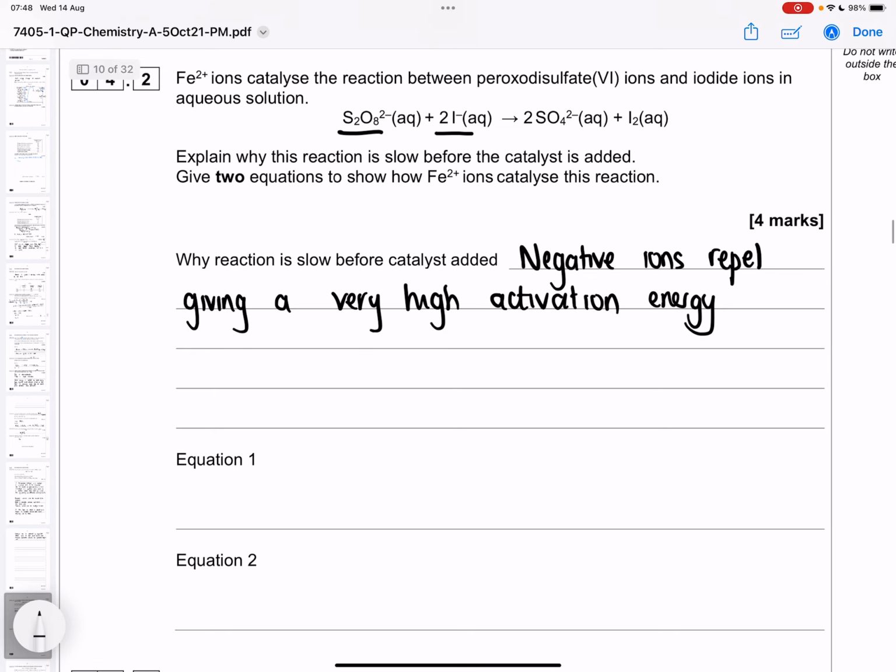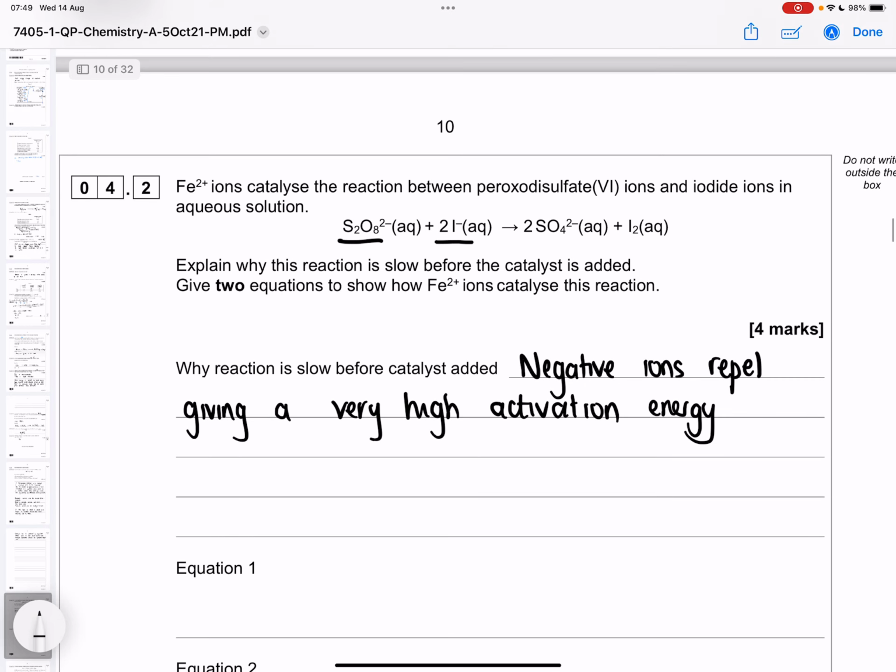What we need to do now is write the equations. Now, you might have memorised these. If you haven't memorised these, it's worth thinking about how you could work them out. We know in this reaction, S2O8 2- is going to 2 SO4 2-. It says that there's 2 of those. If we look at that, the atoms balance, but the charges don't. So we know that this has got to have 2 electrons on the left.